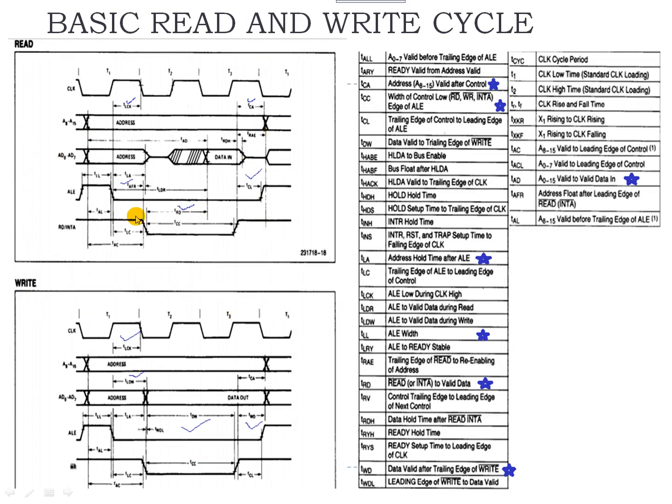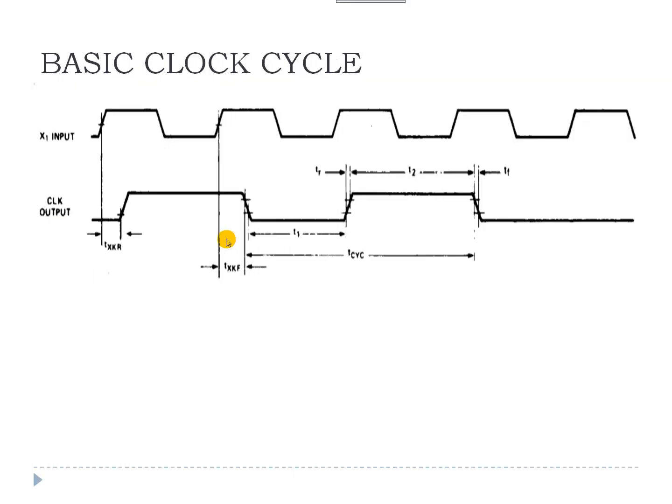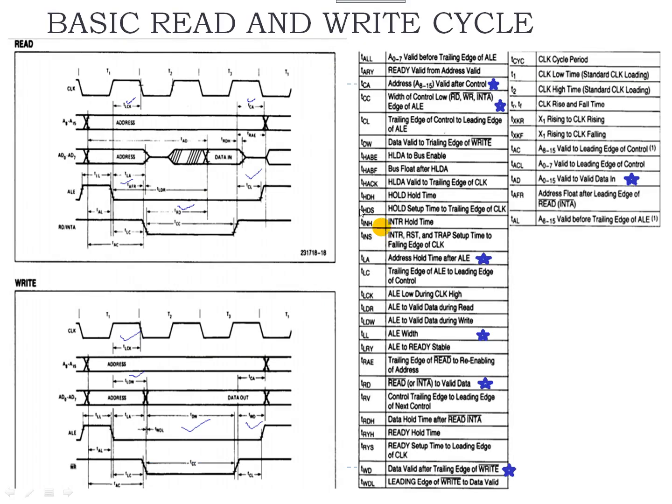Here you can notice one thing: the basic read cycle and write cycle have 3 T cycles. Since this is the timing cycle, one low and high is called a T cycle. Each memory read and each memory write has 3 T cycles.